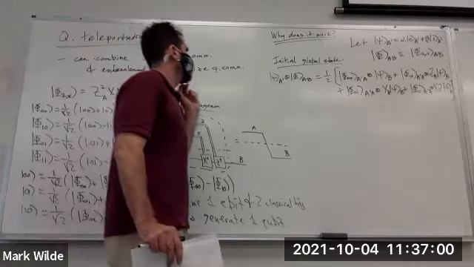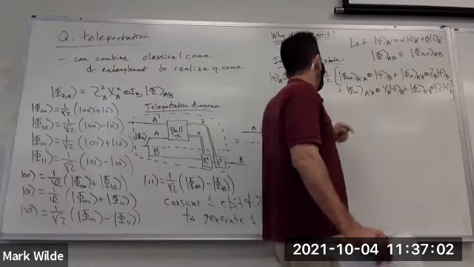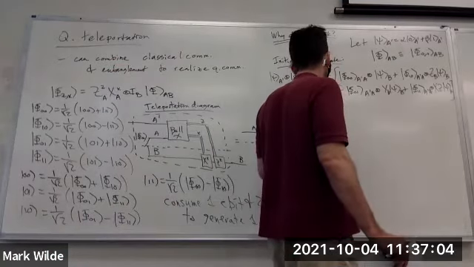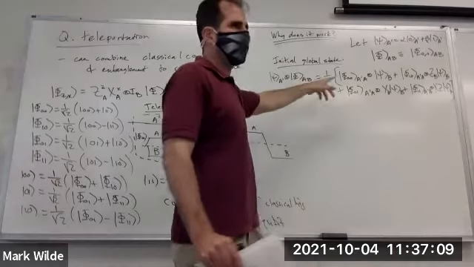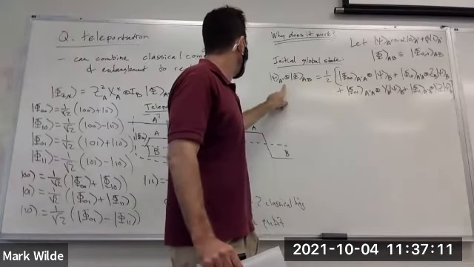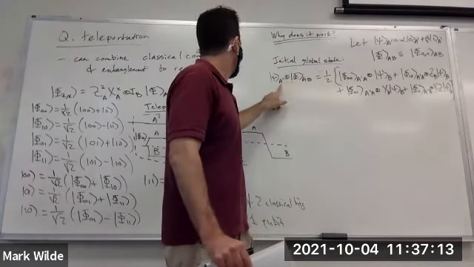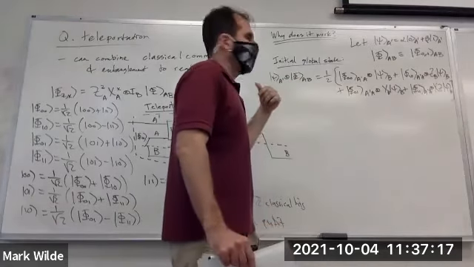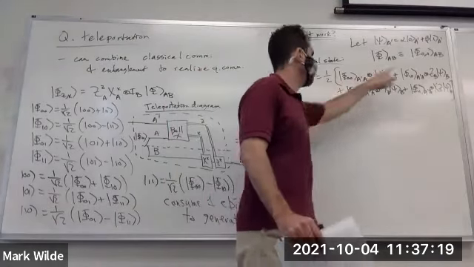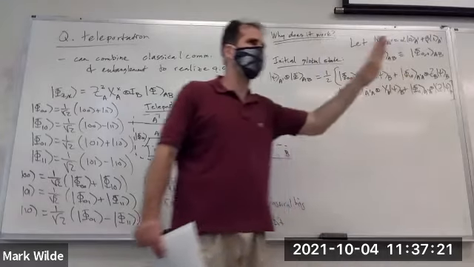All right. So why does it work? Well, what have we done? You can view this identity as expanding the overall state, and sorry, the systems A prime and A in terms of the orthonormal Bell basis. You can view it as an expansion, right?